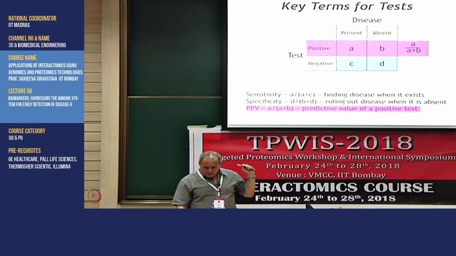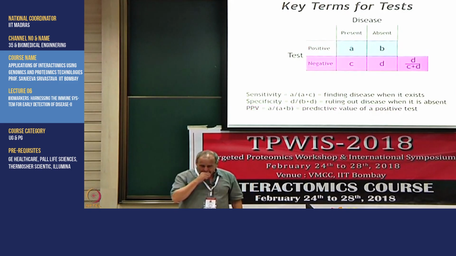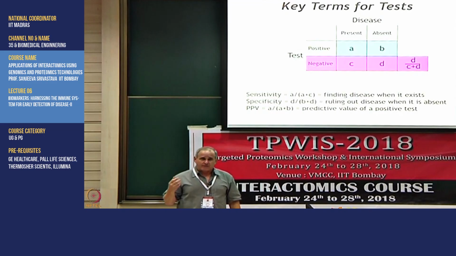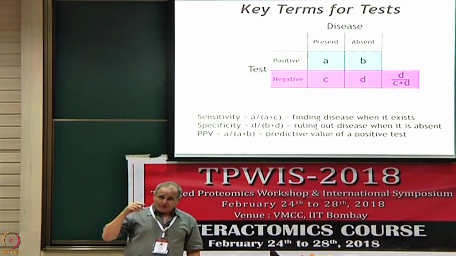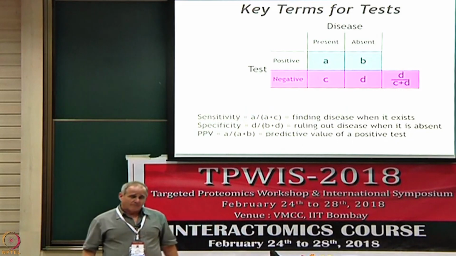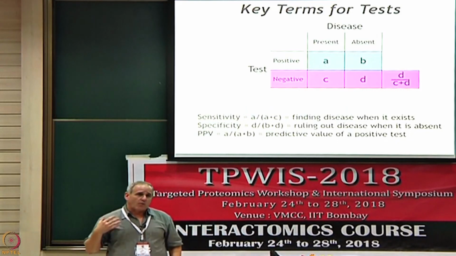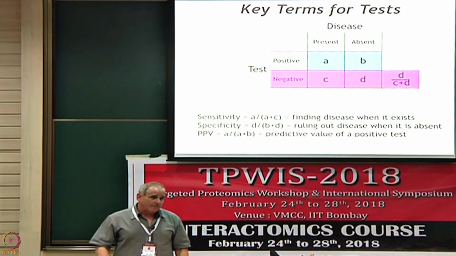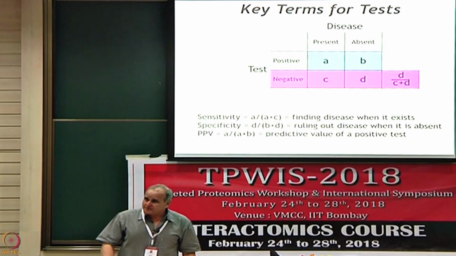Sometimes this other value matters even more. This is what we call the negative predictive value. So if we did a test for cancer, or we did a test for birth defects in your child, how sure are we that you don't have cancer, or your child doesn't have birth defects, right?